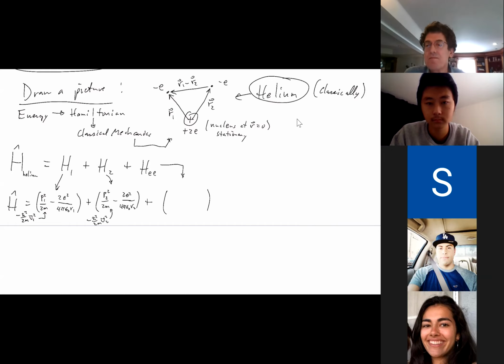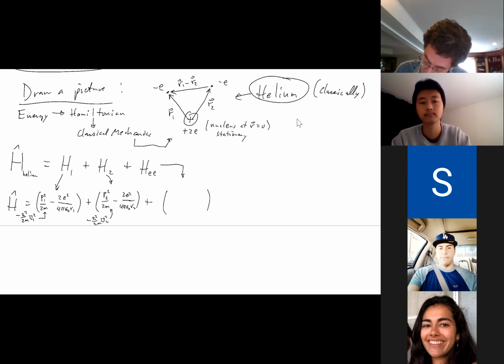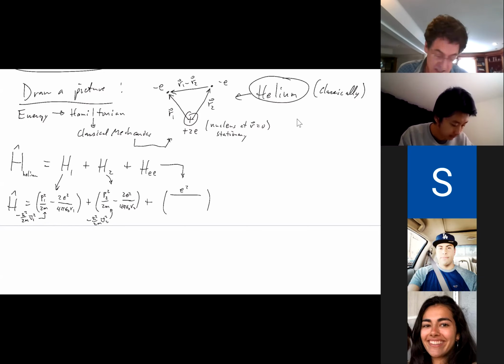What's the energy of interaction between the electrons? E squared over 4 pi epsilon naught |R1 minus R2|. Perfect. That's exactly right. And so that's the interaction term.